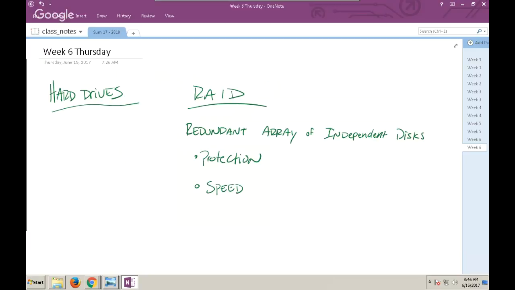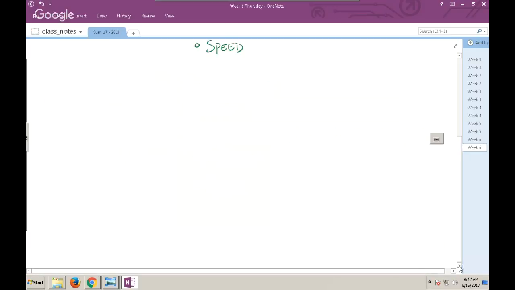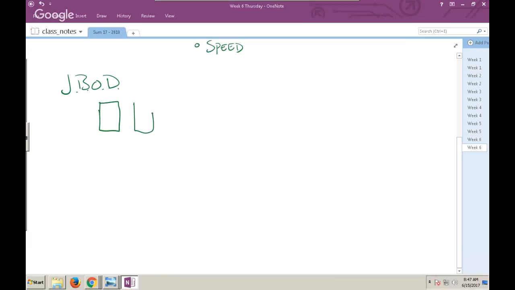Now, the simplest level of RAID is known as JBOD, which stands for just a bunch of disks. Let's say, for example, I have 3 drives, each of them 2 terabytes.